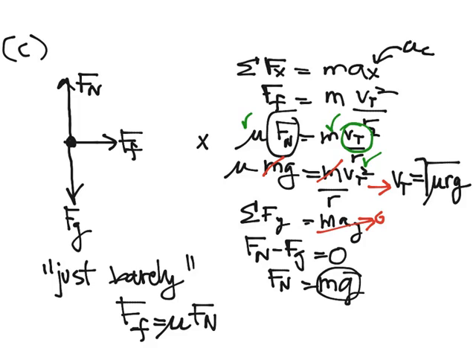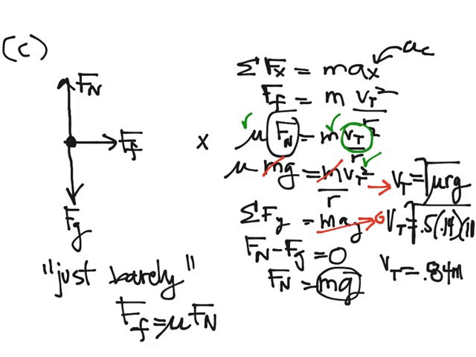Now we can plug in numbers, so we have vt is equal to the square root of 0.5 times 0.14 times 10, and we find that the maximum speed is equal to 0.84 meters per second.